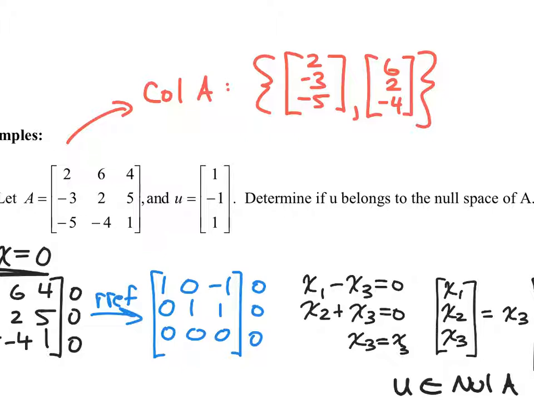And again, the only thing I needed to do in order to figure that out was identify where my pivots were and what columns those corresponded to. All right. So those pivots correspond to the first and second column in the given matrix.